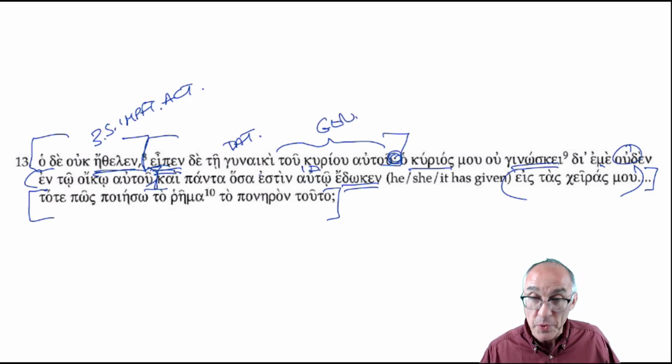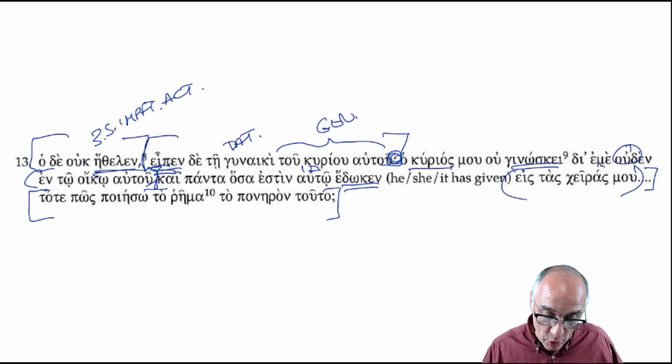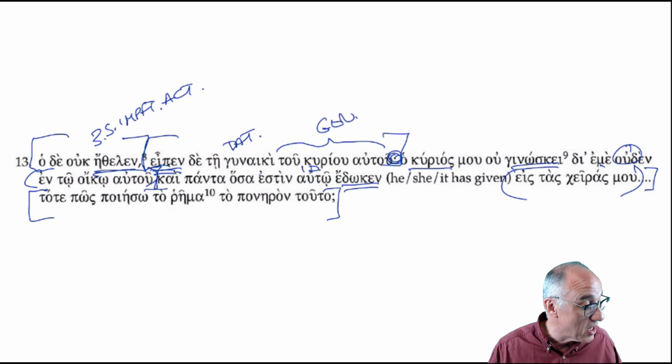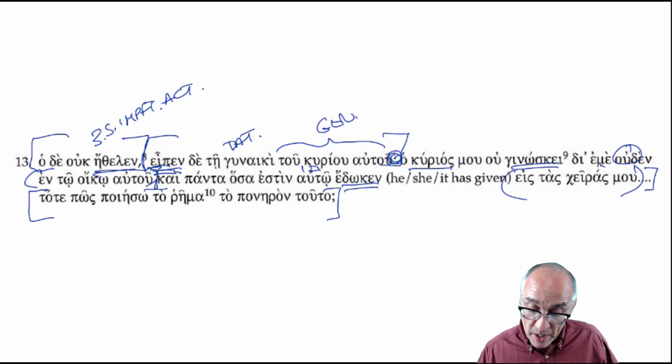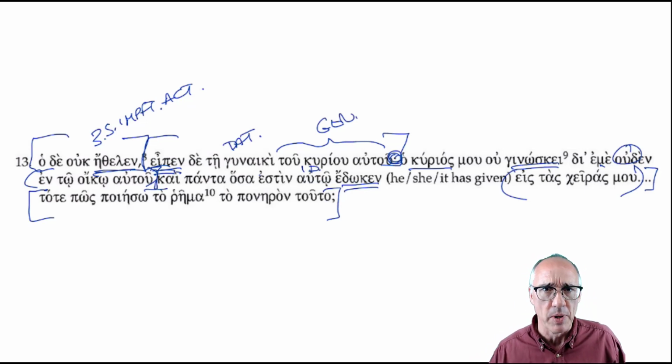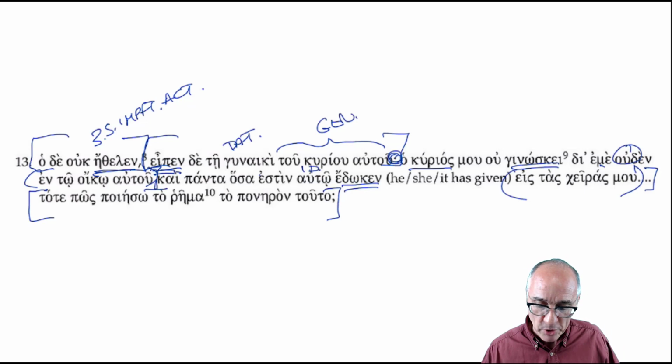Everything he has in his respect, he has given into my hands. How will I do? And there's another note on number 10. Rhema can be translated as the thing. How am I able to do this ponderous, weary, terrible, evil thing? I'm just thinking of translations for Poneron.